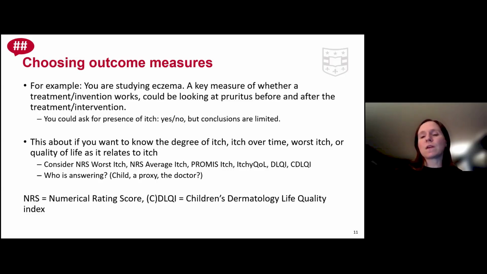And then there's an image version of the Children's Dermatology Life Quality Index that you'd use for even younger kids. And then there's the proxy questionnaires. So it's very important to think very specifically about who you're going to be asking these of, and then making sure that you have the correct questionnaire for the age group as well as the person answering the questions.